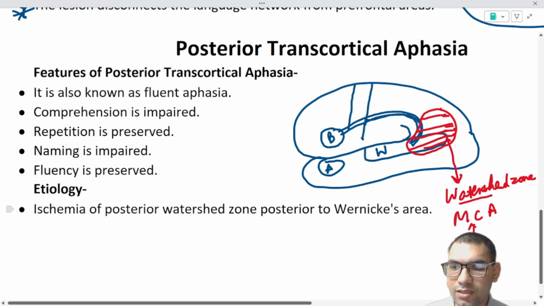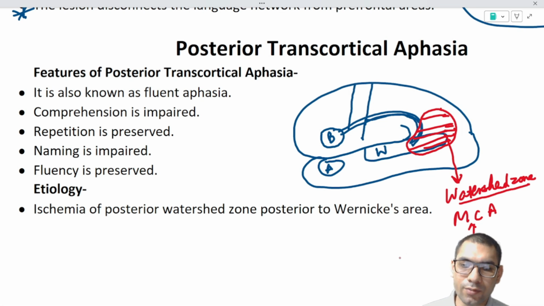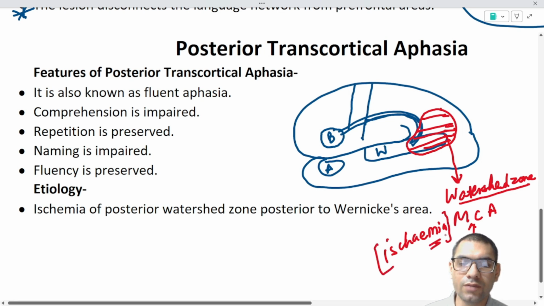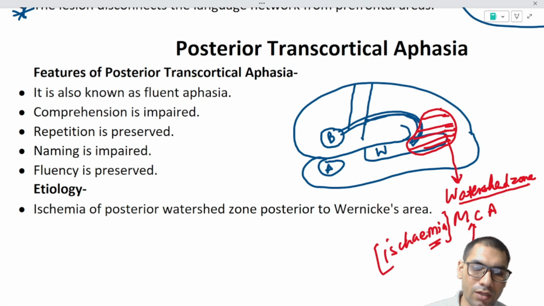This watershed zone is especially prone to ischemia whenever there is severe obstruction to the flow of blood in this part of the brain. When ischemia occurs here, it involves the posterior language network, and it is known as posterior transcortical aphasia.